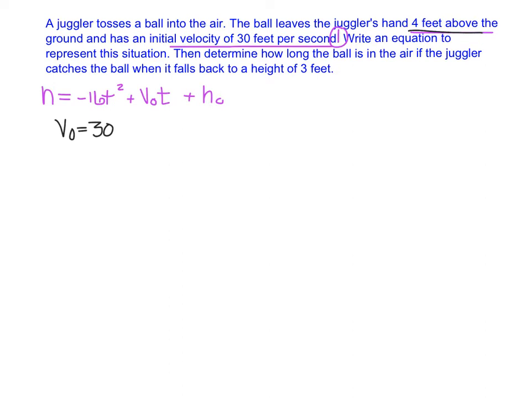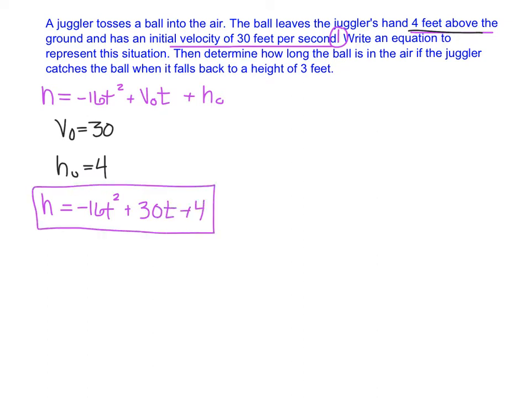Our initial height is when it's released, so that's equal to 4. As a result, we're able to substitute into this equation all the values we need. So we have h is equal to negative 16t squared plus 30t plus 4. Here is the equation that we need in order to solve the rest of this situation.